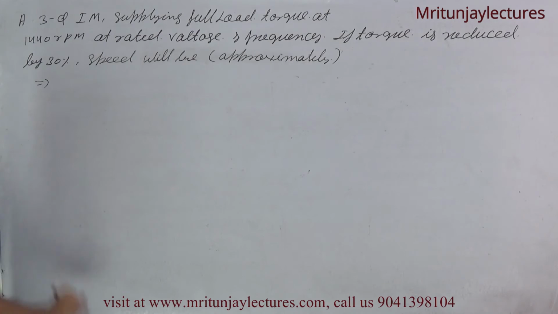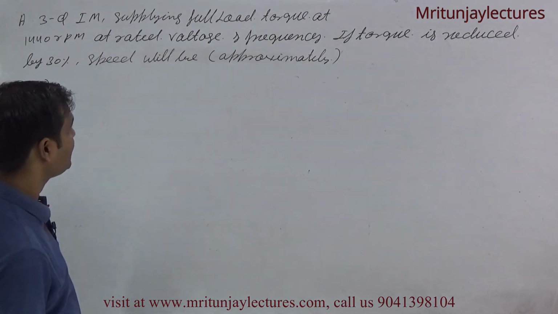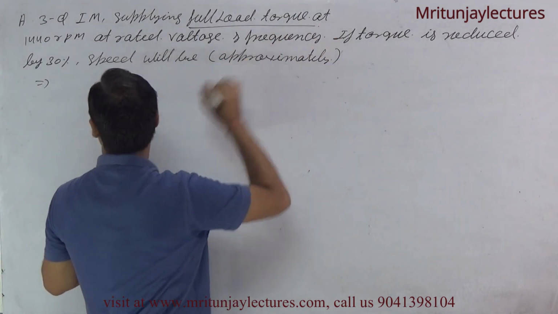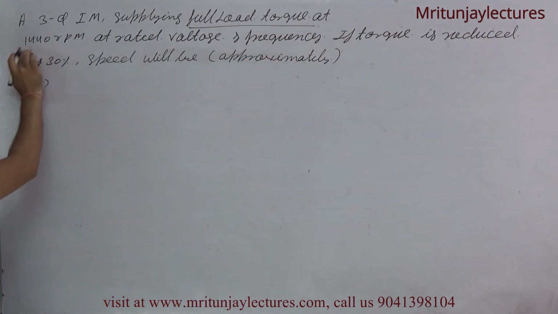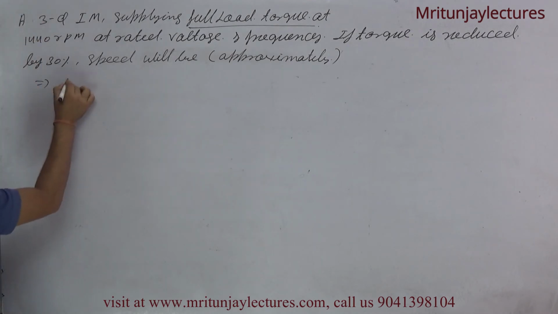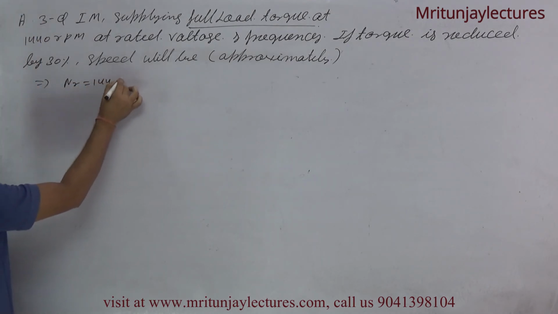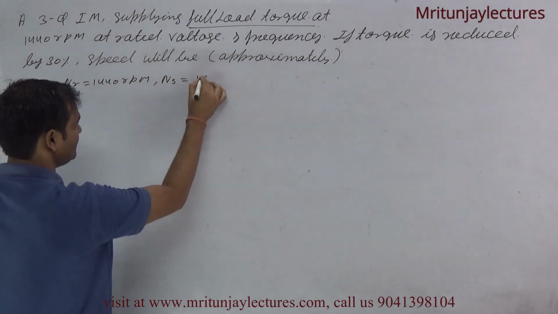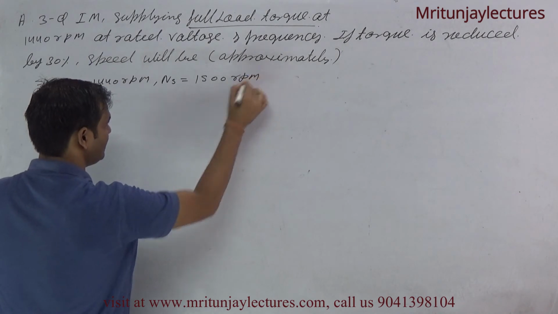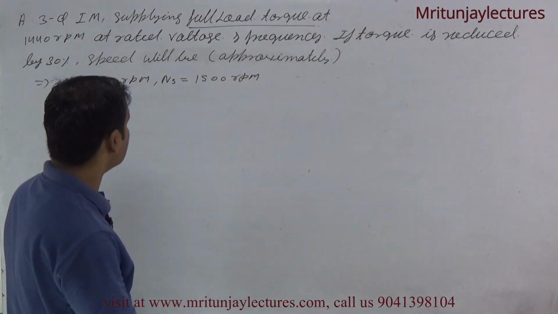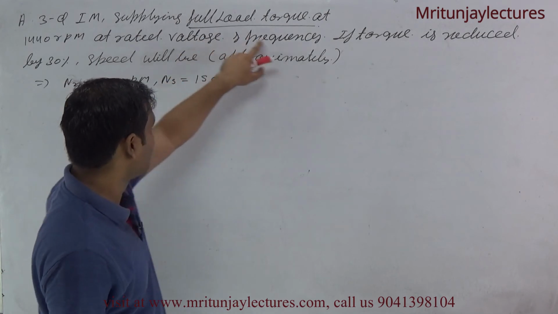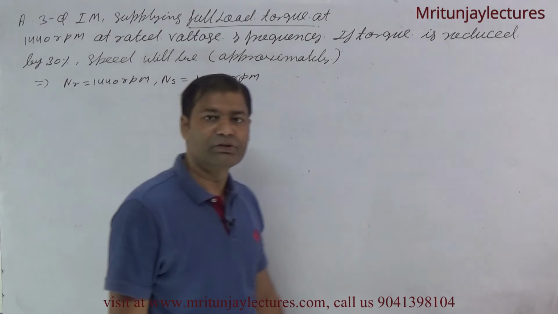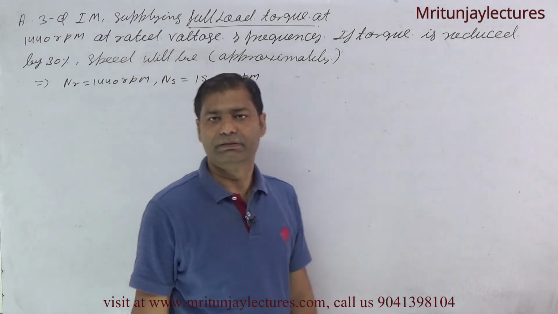Now according to the question, a 3-phase slip ring induction motor is supplying a load, with full load torque at 1440 rpm. It means that, okay, what about ns? It is closer to the rotor speed, so that is 1500 rpm. Now at rated voltage and frequency, the rated frequency is always considered 50 Hz.